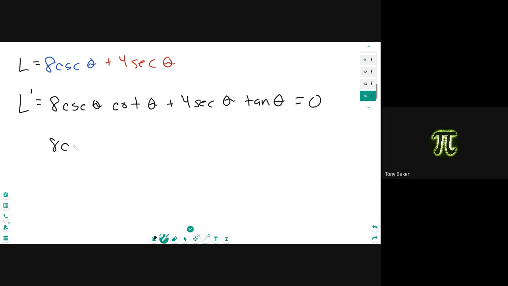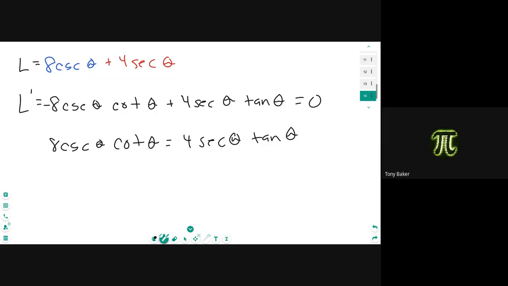So we get 8 cosecant theta cotangent theta equals 4 secant theta tangent theta. Oh yeah, it would be positive, because I missed the negative cosecant. Oh, you're right. So actually, they would have moved to the positive. I missed that negative.